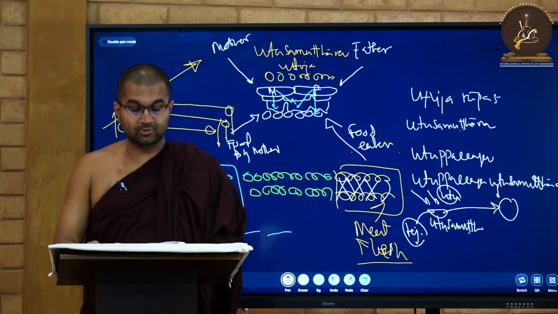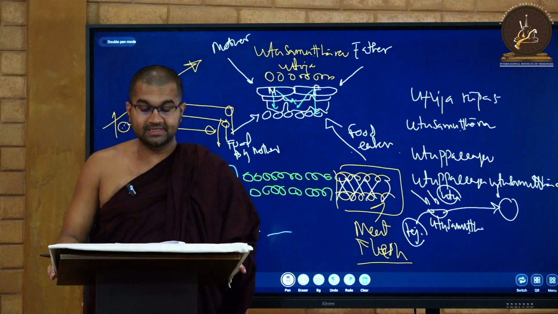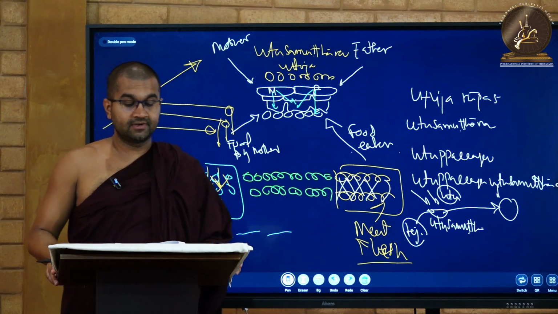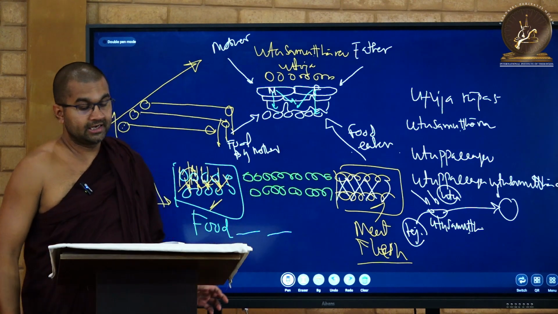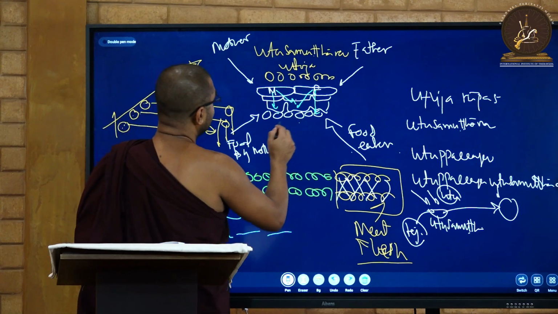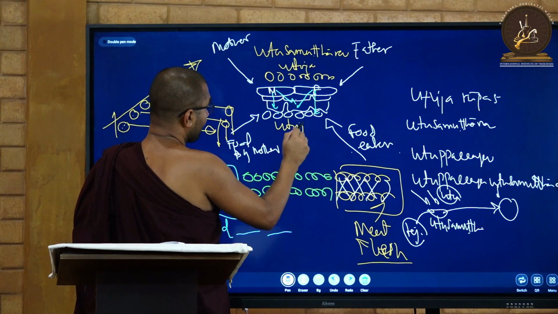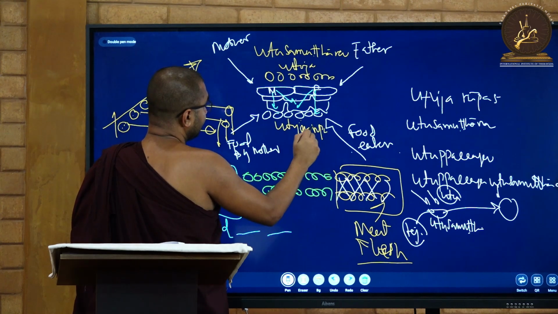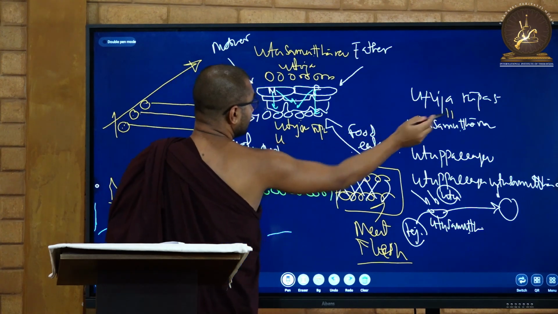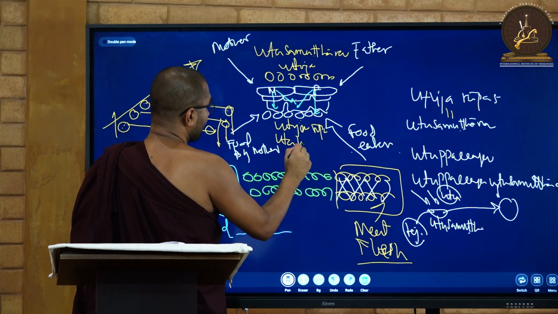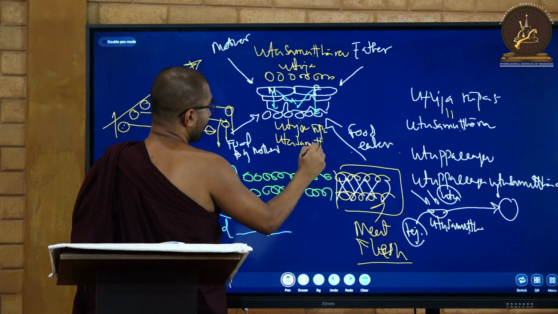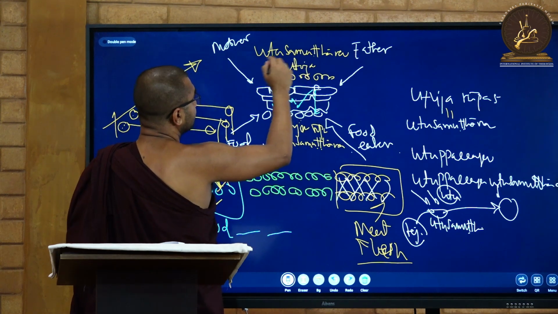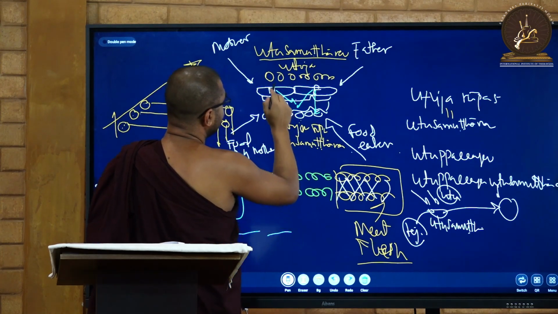For the sake of simplicity in study, both these generations of Rupas are referred to collectively as Samuttana. We can call these Utuja Rupas, and because they are identical, they can also be called Samuttana.